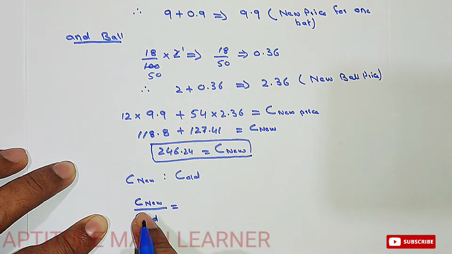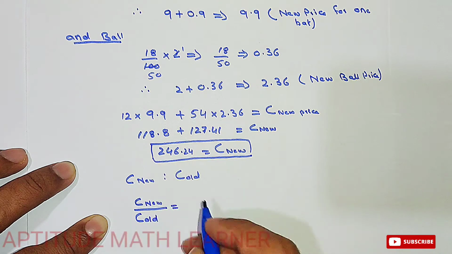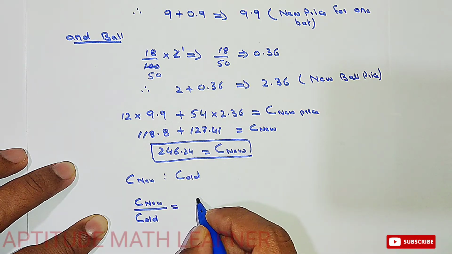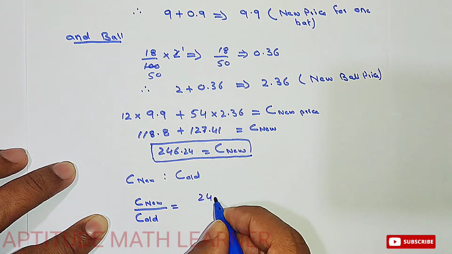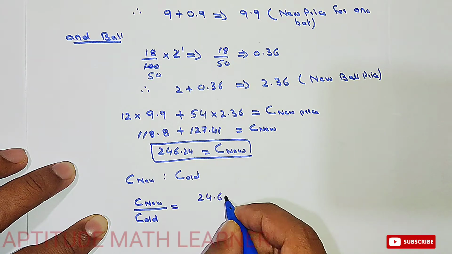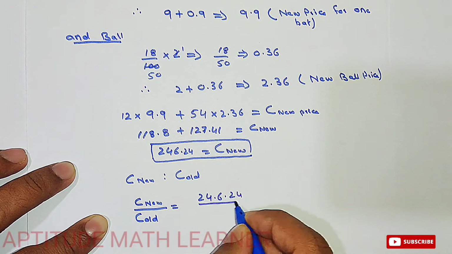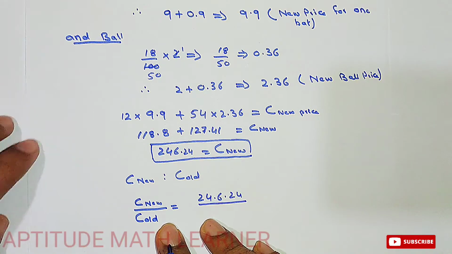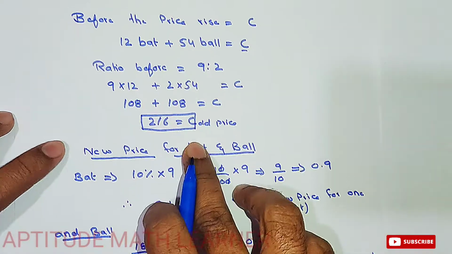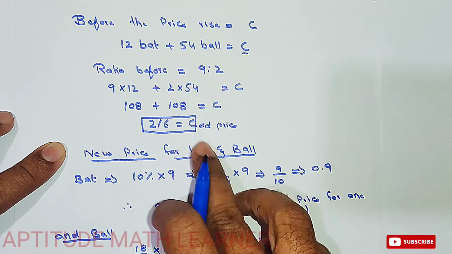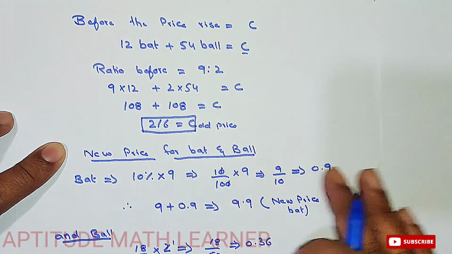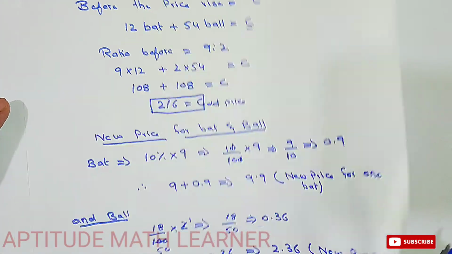For the new we have found 246.24, divided by the old price, which we have just found as 216.